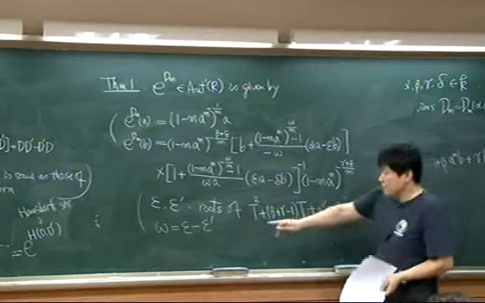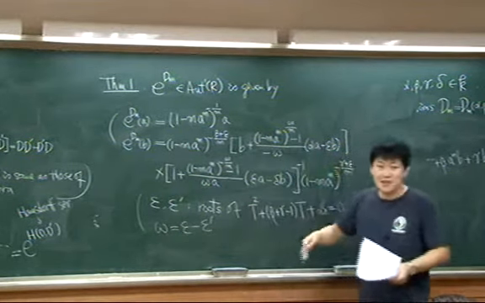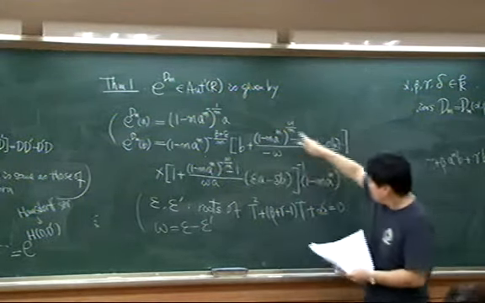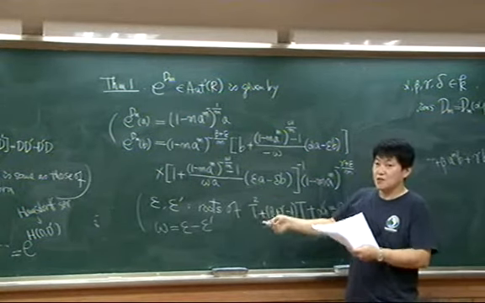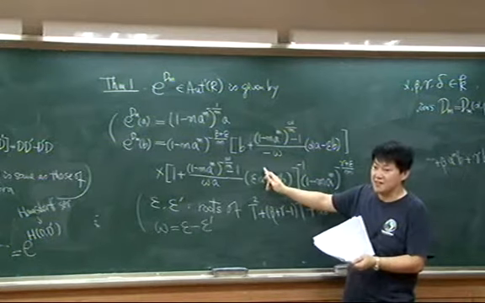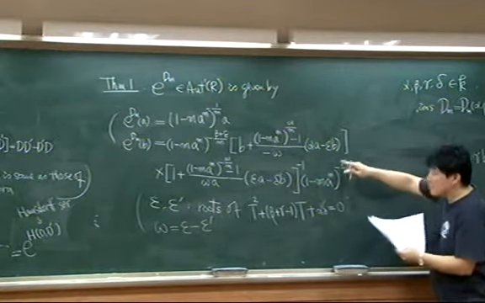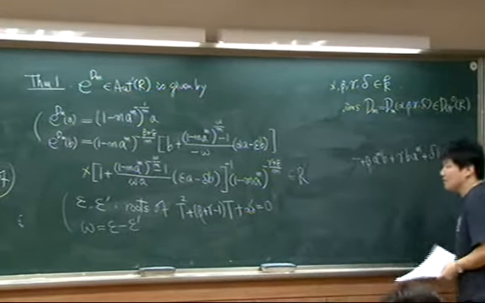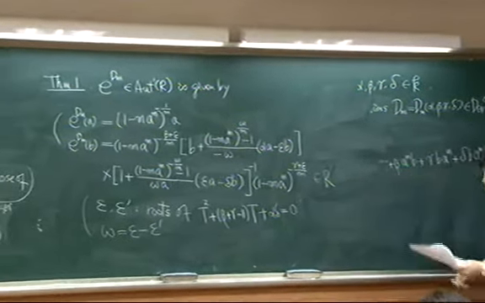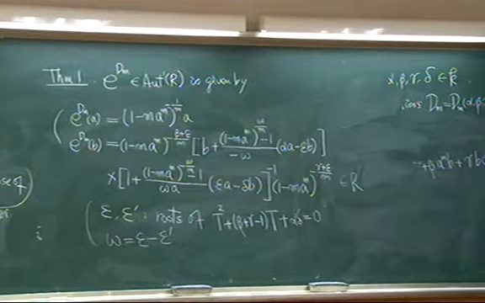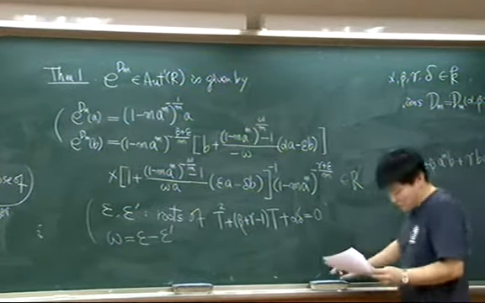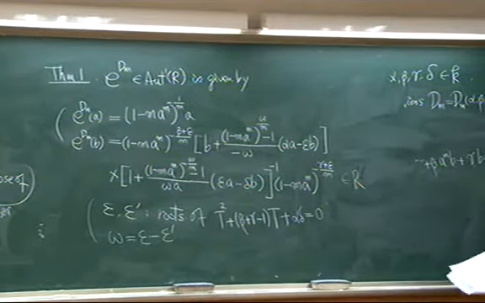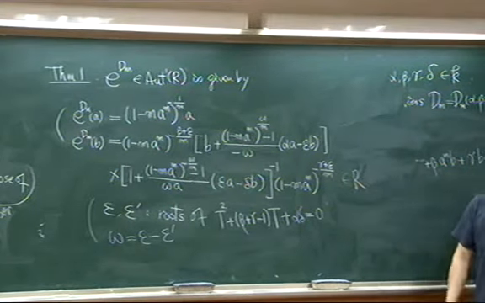So by definition, epsilon, epsilon prime, and omega are elements of a quadratic extension of K. But it is easy to check that the expression on the right-hand side is symmetric in epsilon and epsilon prime. So the coefficients of this element are in K. So actually this is an element of K. There is no contradiction. Yes, the expression is a little bit long. How did you find it? It's a good question.